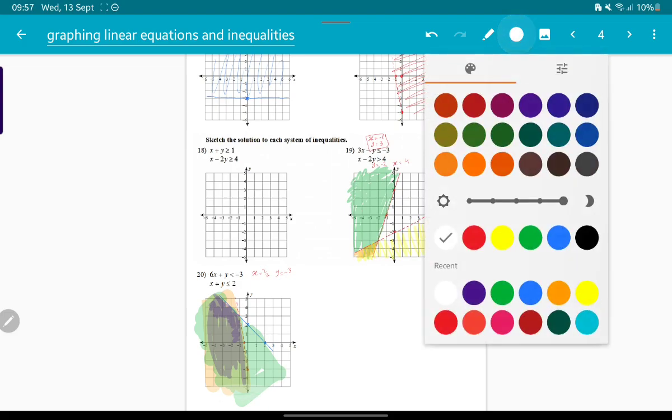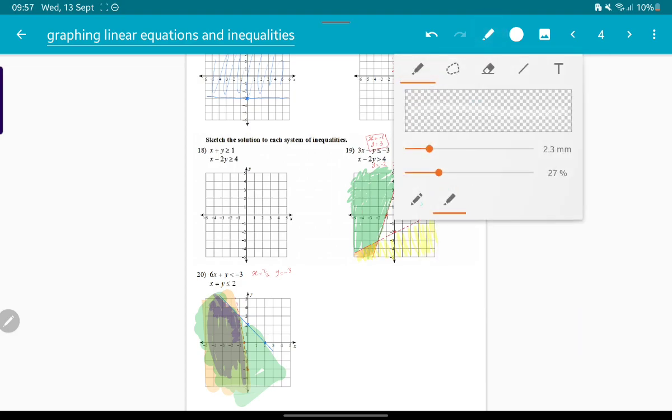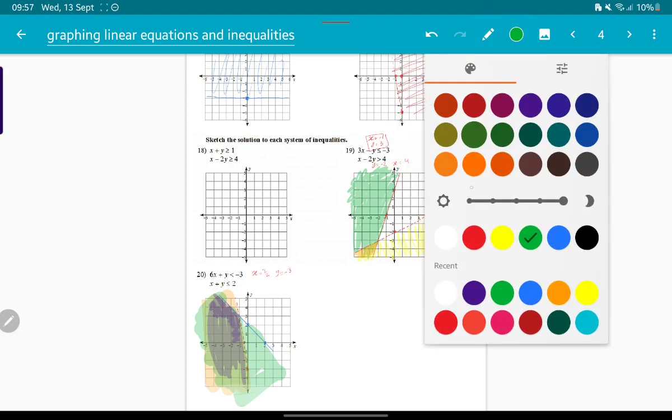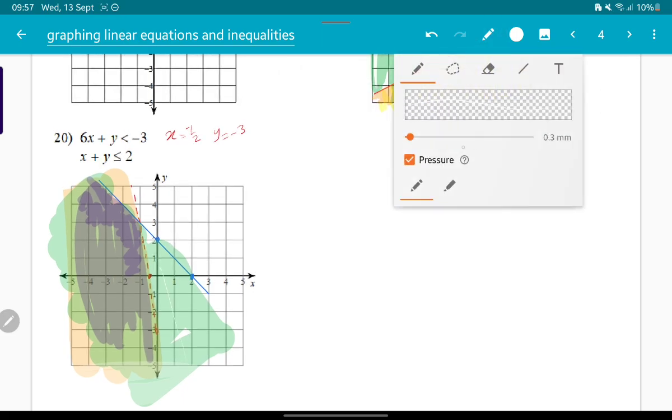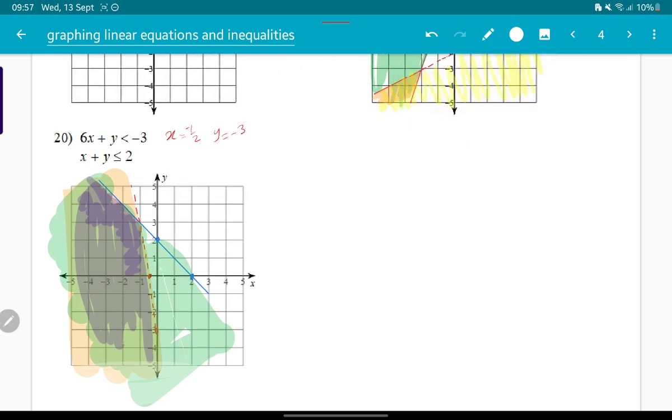Okay, we cannot do this, but we can do the following. So the answer will be this area.